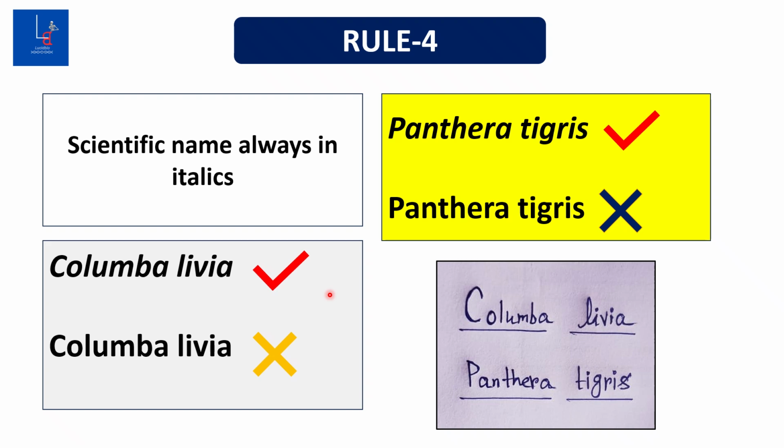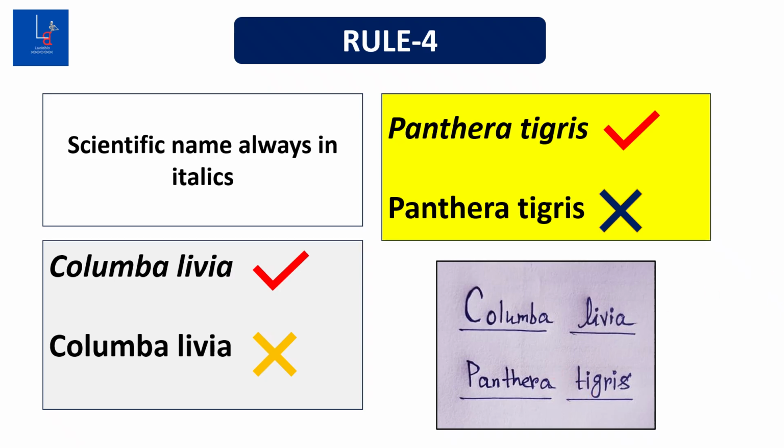When you write by hand, how can you make it italics? Instead of making italics, we underline when we write in our notebook. Columba livia must be like this. One thing, there is a gap. You can't put a straight line, there must be a gap. Panthera tigris, look carefully, there is a gap.